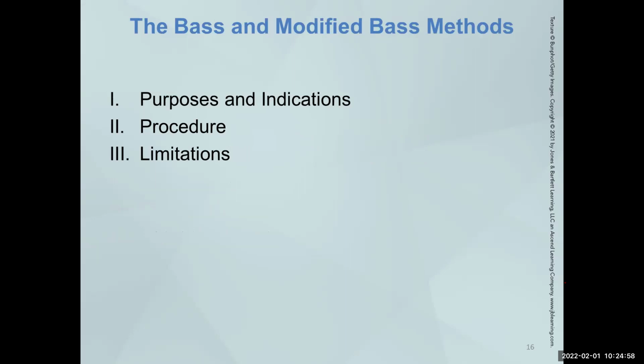So the Bass is the gold standard. We are looking at Bass. That is considered the only sulcular brushing technique. The only sulcular brushing technique. It actually gets the bristles underneath the gum tissue.